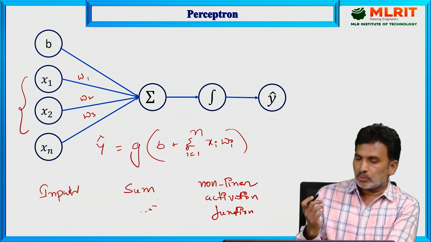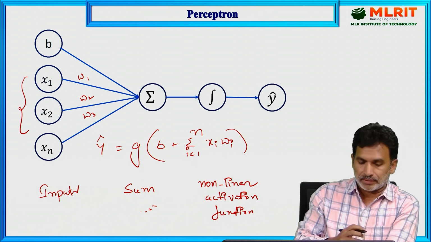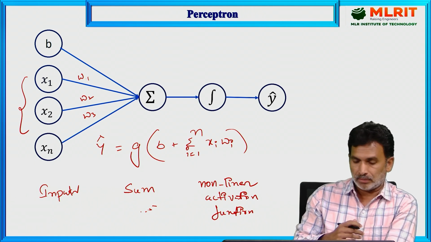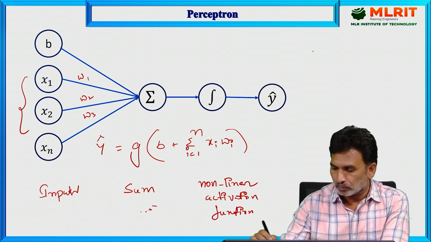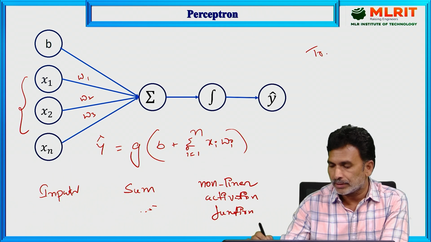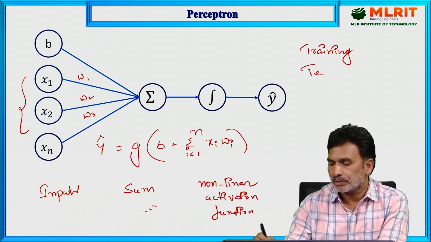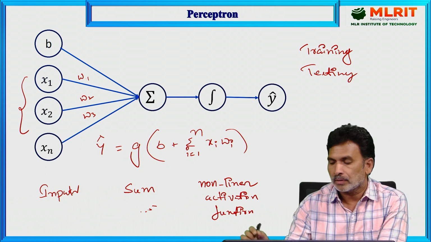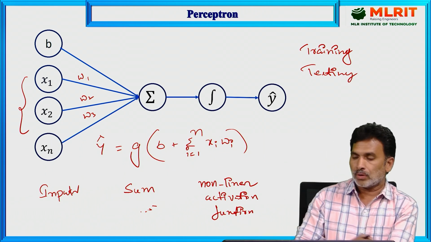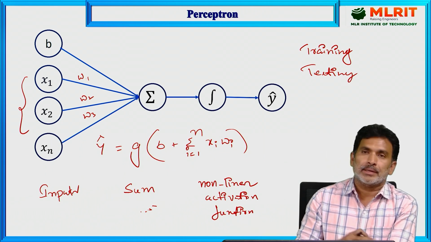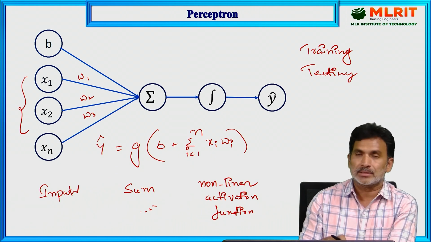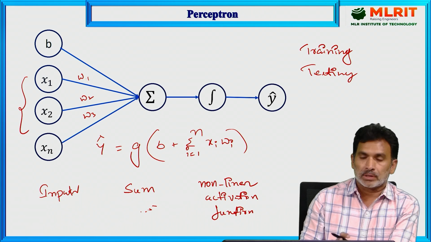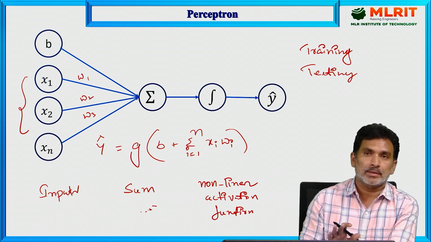In machine learning or deep learning models, we first have to train the model. First we perform the training, and then testing and validation, etc. So let us see how the basic building block of an artificial neural network, the perceptron, would be trained.